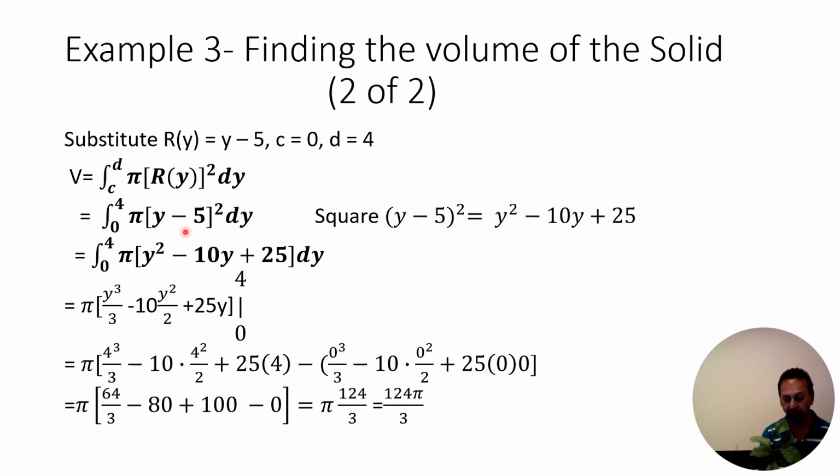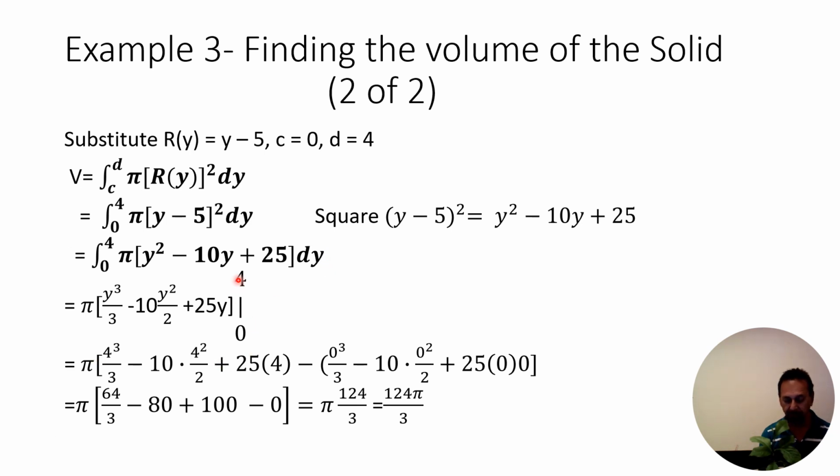Now we will square this, (y minus 5) squared. So y squared, 5 squared is 25, that's the last term, and the middle term, you multiply and double it, negative 10y. Now we integrate: y squared, use the power rule, becomes y cubed over 3, then y squared over 2, and 25 is a constant, so it'll be 25 times y, because we are integrating with respect to y.